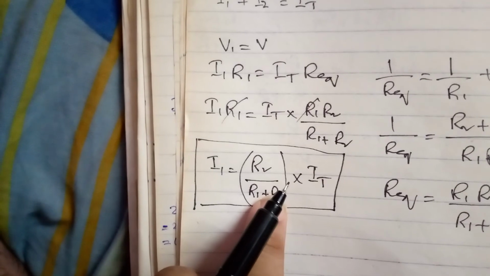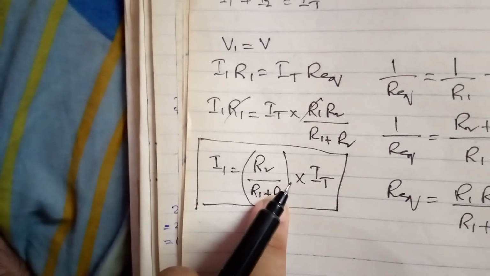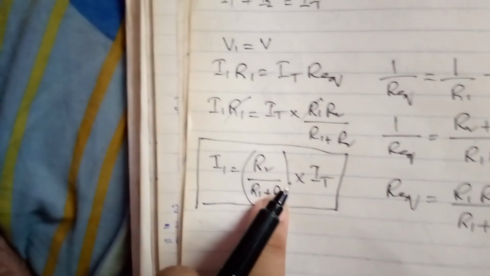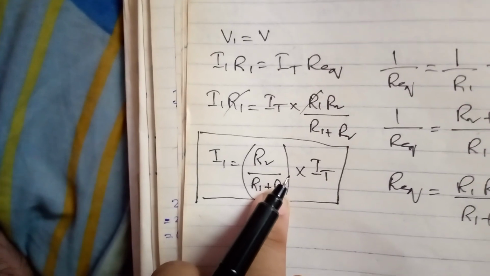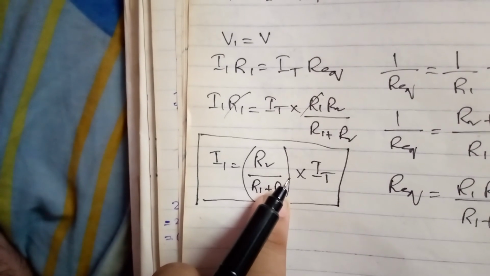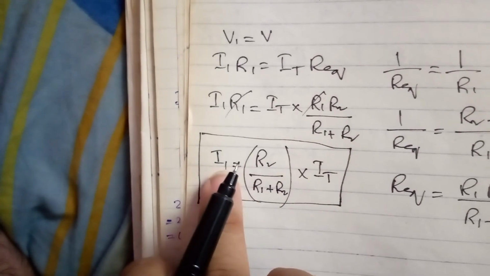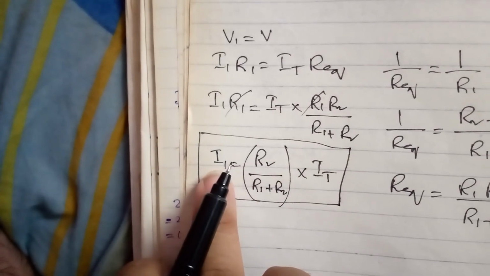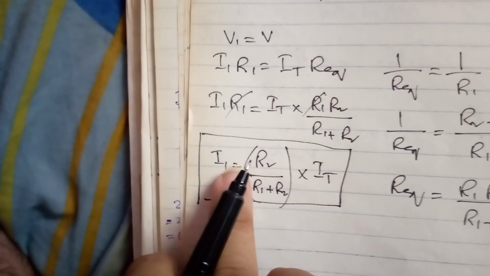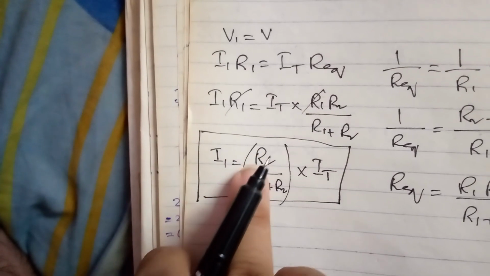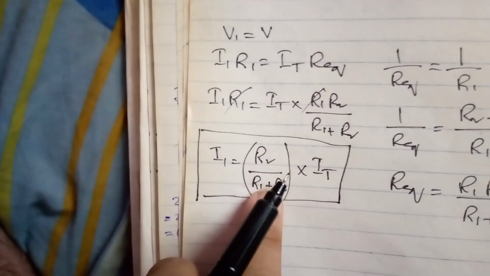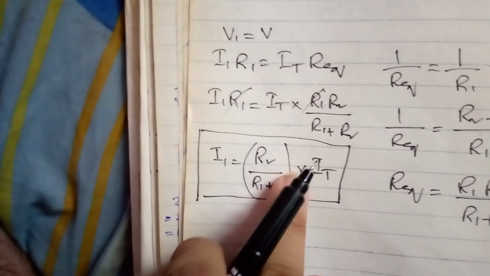In previous video lecture, the topic was voltage divider rule, and the formula which I have derived, you just saw: the voltage across the resistance is equal to the resistance itself in the numerator, the sum of both the resistances in denominator multiplied by total voltage.